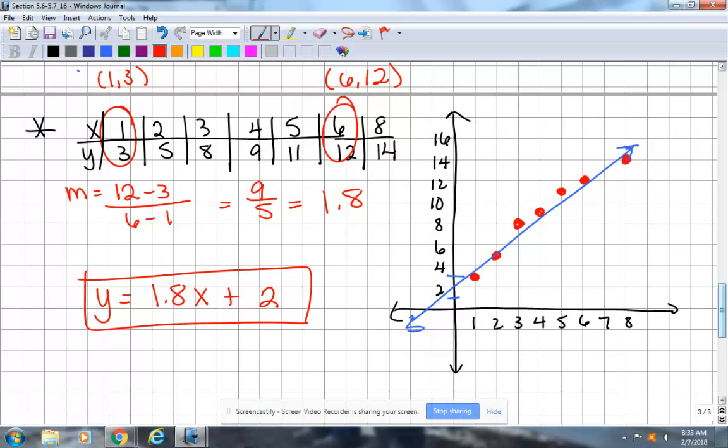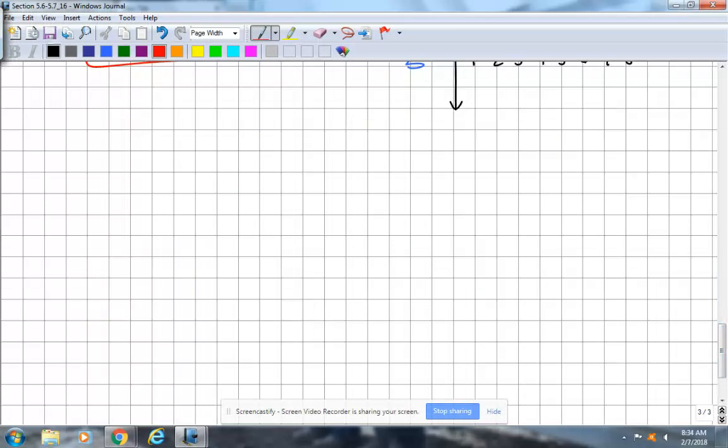Let's do number 7 just because it has fewer ordered pairs. So go ahead and graph those points, please, for number 7. I'm going to do it as well up here.